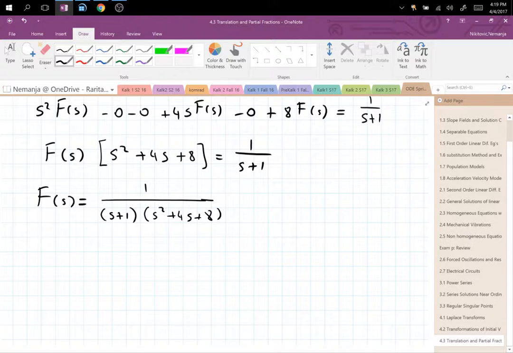Okay, great. Now what do we do with the s squared plus 4s plus 8?